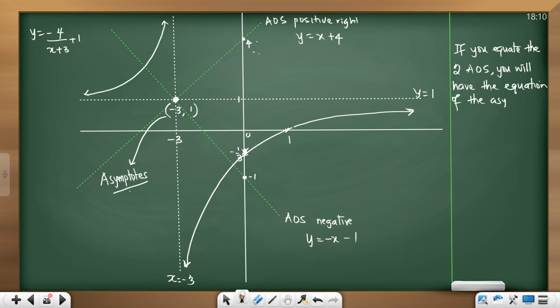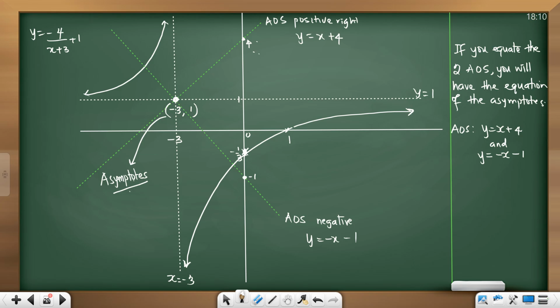I want you to see the way I'm going to manipulate this. So some examiners would come and tell you, okay, the axis of symmetry equations are y equals x plus 4 and y equals what? Minus x minus 1.